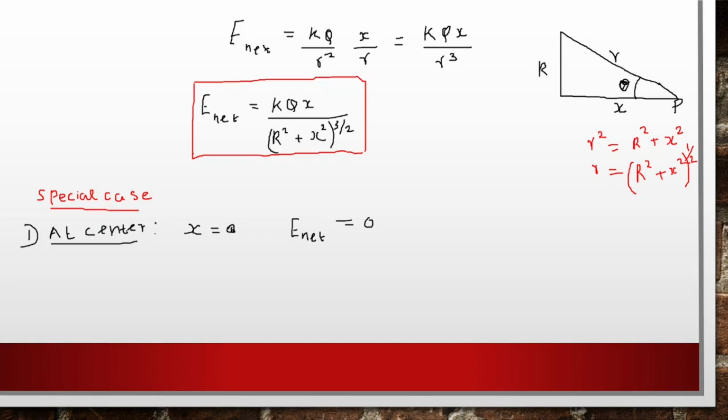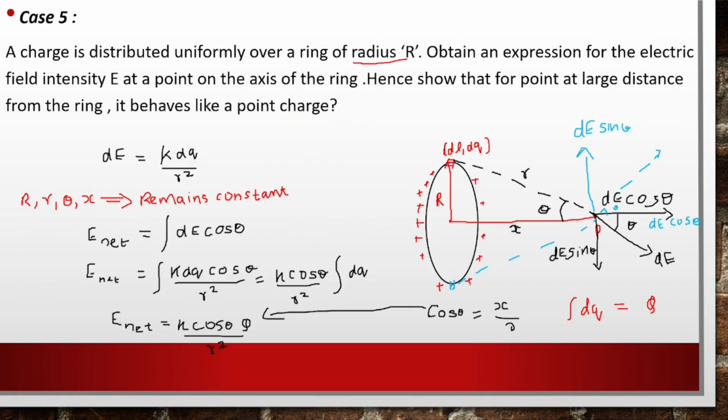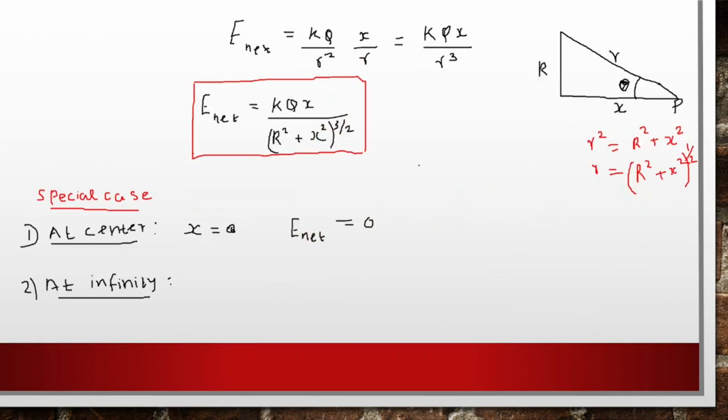Our next is at infinity. We found at center. So next case is at infinity. At infinity means this point P is situated at infinite length. That means x is much greater than radius of the ring. So we can write x is much greater than the radius of the ring.